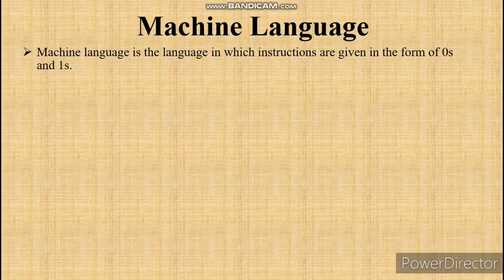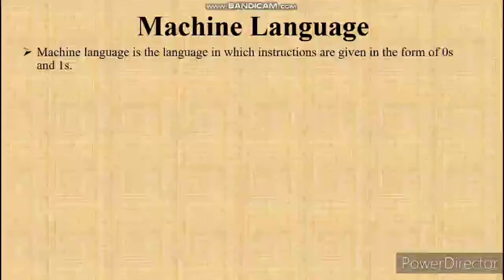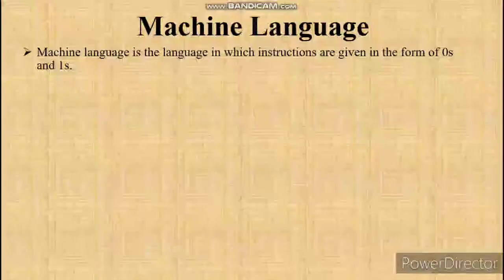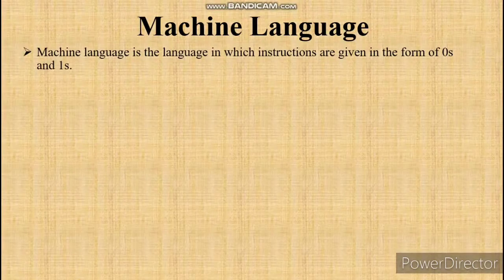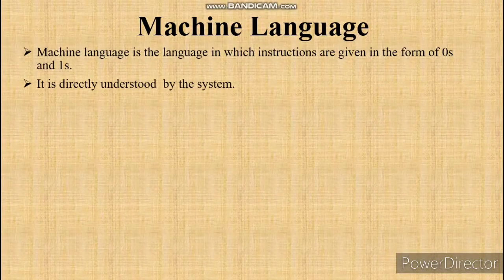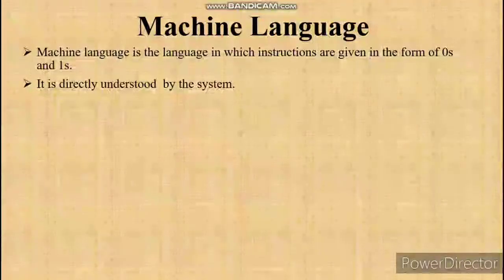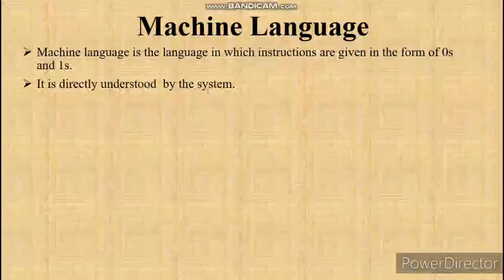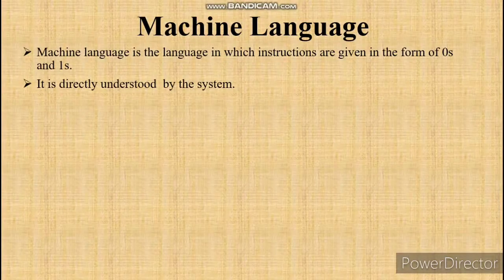Machine language is the language in which instructions are given in the form of 0 and 1. It is directly understood by the system, which means a program written in machine language does not require any translator.